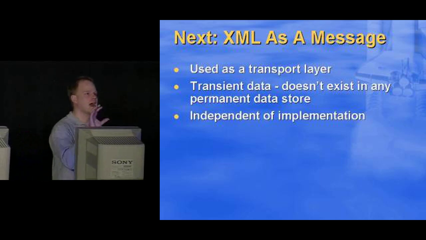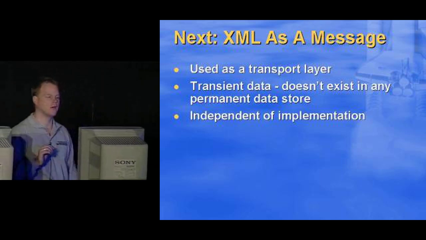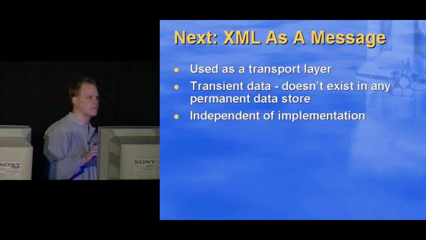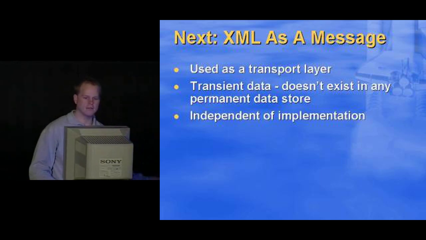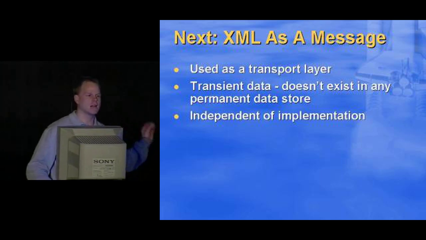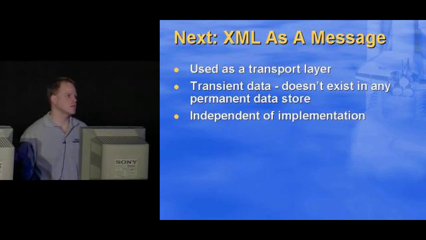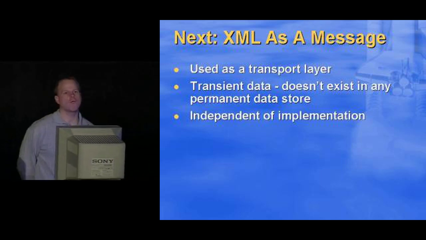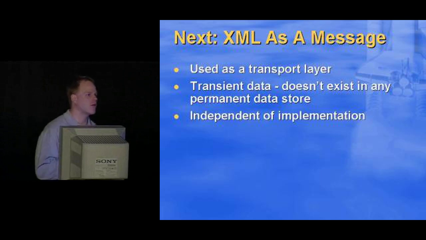All I know is that I have this message, this level of interaction for how we want to communicate with each other, and that message is formatted in XML. So what XML does for you is it takes data and allows it to become a message. And that message is the wire format for how we communicate with each other. All we have to do, and we'll discuss this in greater detail later on in the presentation, is describe the format of how we want to communicate with each other, and then that's all I need to know to interact with you.